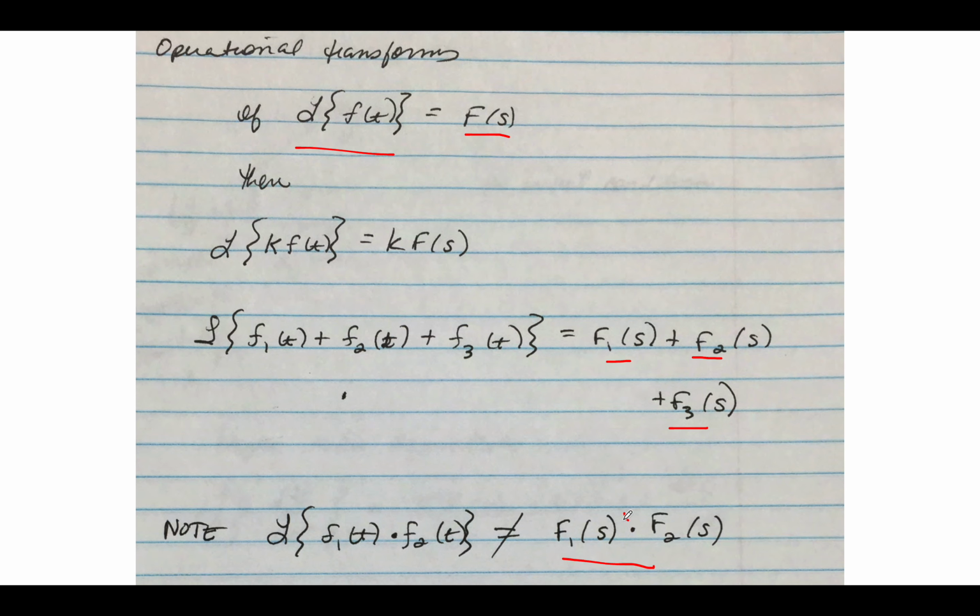So integration in the time domain transforms to the quotient in the Laplace domain, or division by s. Once again, this is really useful for solving integral differential equations where you have integrals present and you would like to get rid of those integrals for a solution.